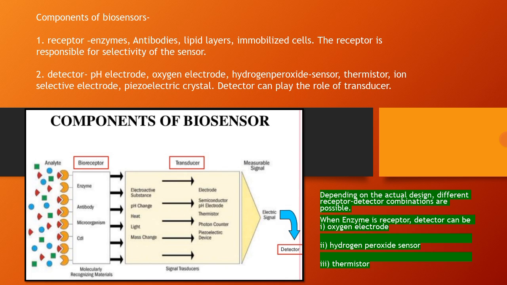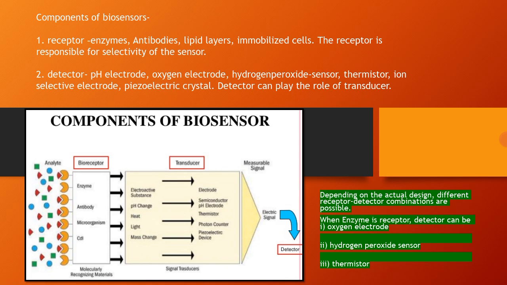So basically we have the analyte, our molecule to be tested for. The bioreceptor, the most important, major component in the biosensor, right? Then the transducer that will transfer the signal from the bioreceptor to the detector.